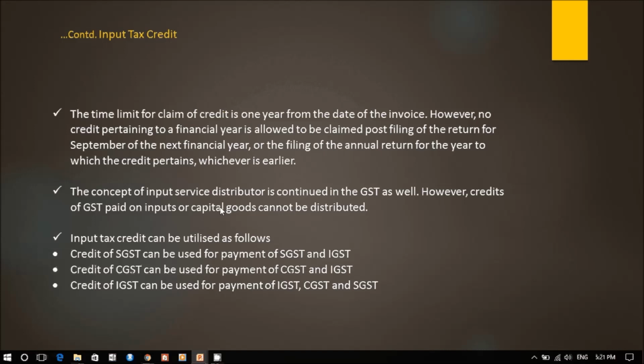If we made a purchase of rupees 1000 on which, let's assume, SGST was 100 and the CGST was 200, then at the time of sale, if we made an intrastate sale and we have the obligation of SGST of 120 and the CGST of 300, let's assume the CGST on the output was 300, then we can claim the 100 rupees of the input credit pertaining to SGST as against the 120, and the 200 input credit on the CGST against the 300.